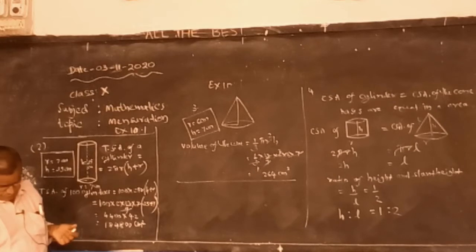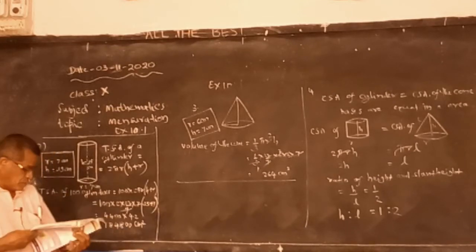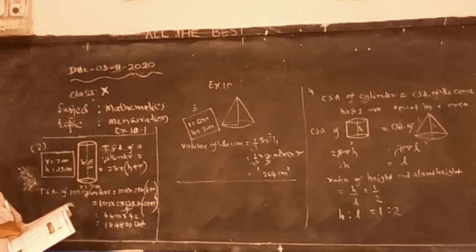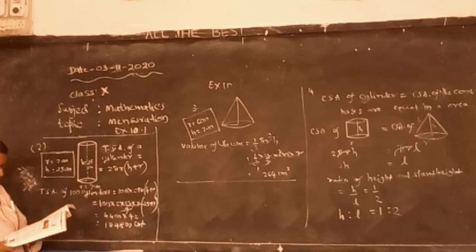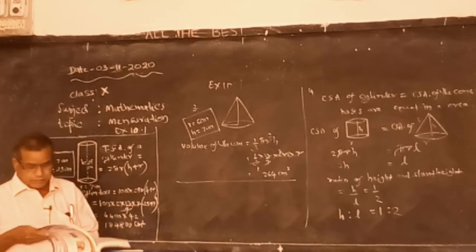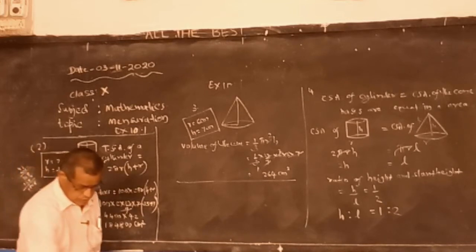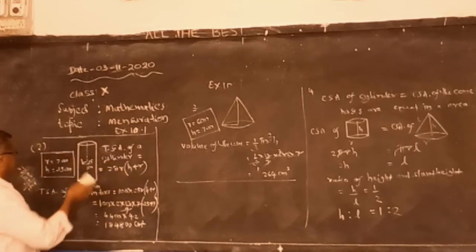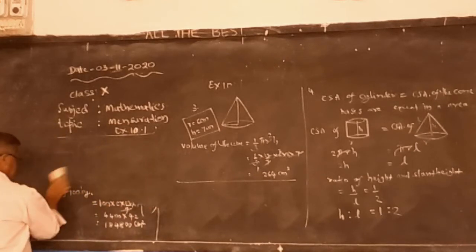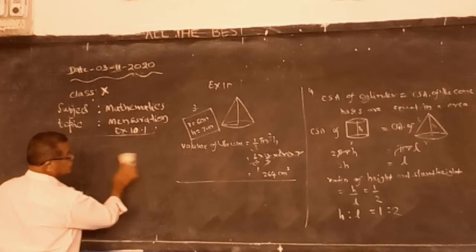Fifth problem. A self-help group wants to manufacture Joker's caps of 3 cm radius and 4 cm height. If the available paper is 1000 cm square, then how many caps can be manufactured from the paper sheet? Okay, the company wants to prepare Joker's caps, that is a cone shape.